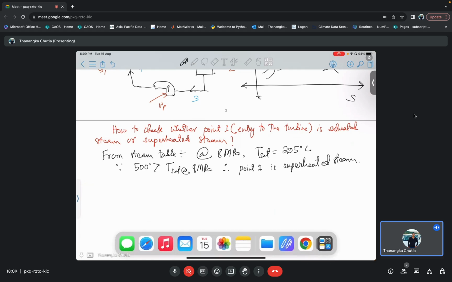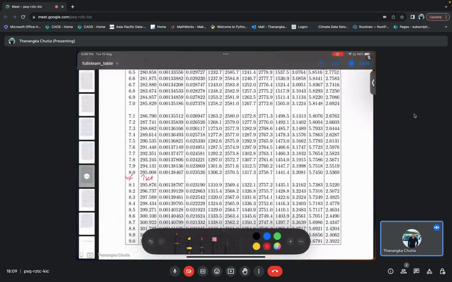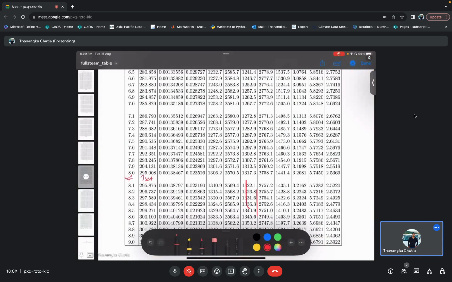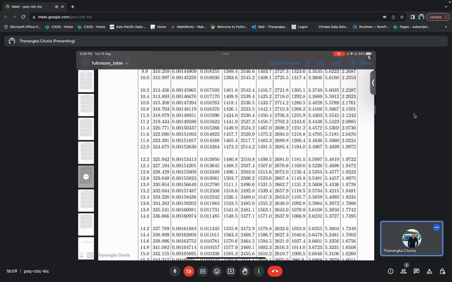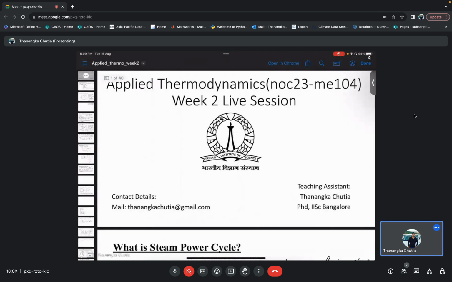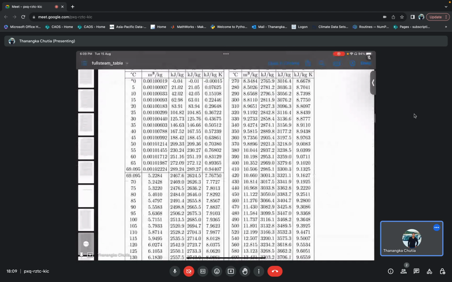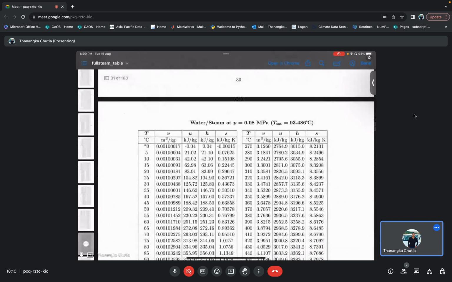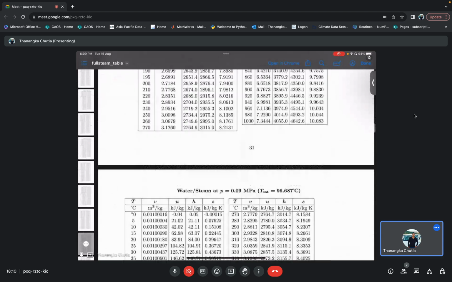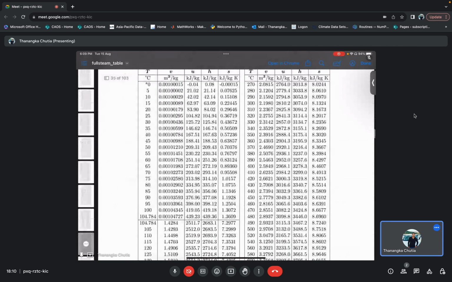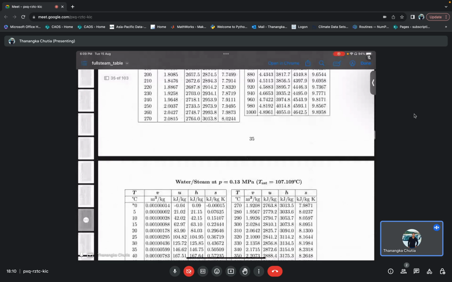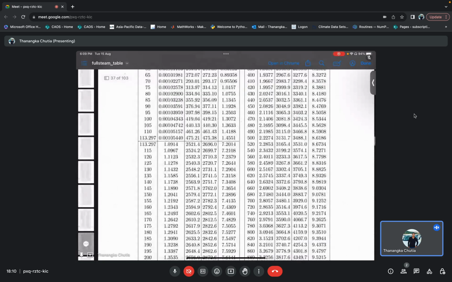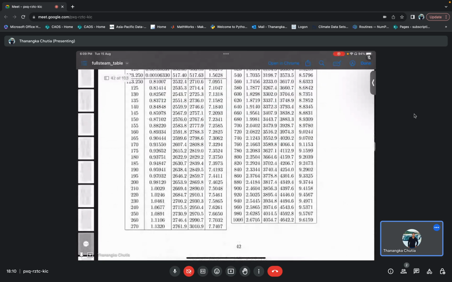So let us go to the steam table now again. This is the saturated steam table. Now I am here in the superheated steam table and I will go to the 8 megapascal part.